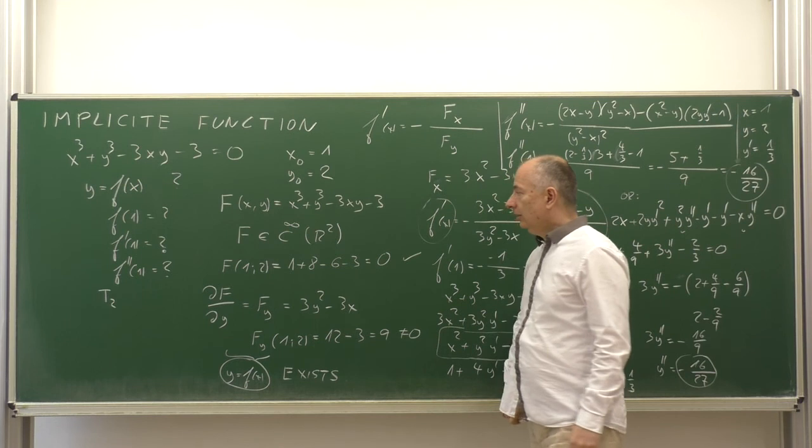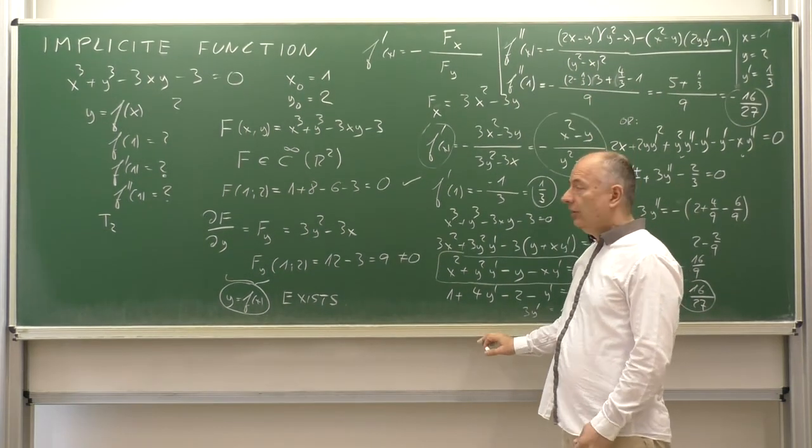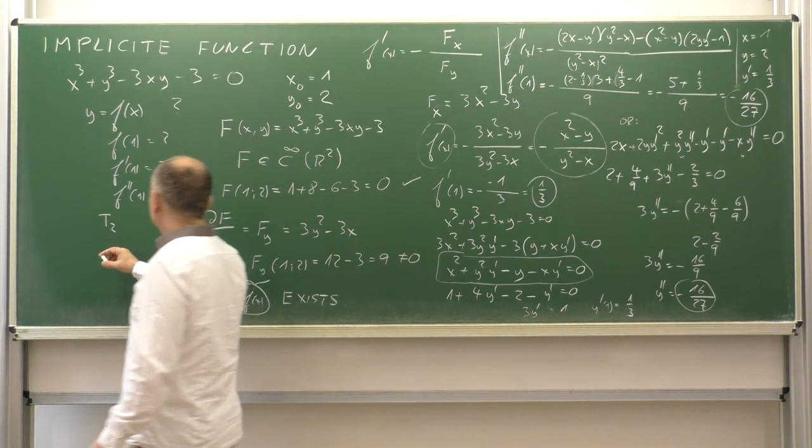Well, before we stop here, if we have the first and the second derivative, we can write the Taylor polynomial.